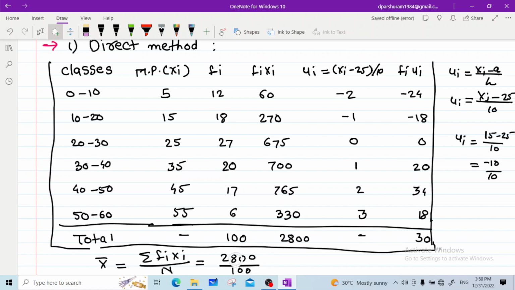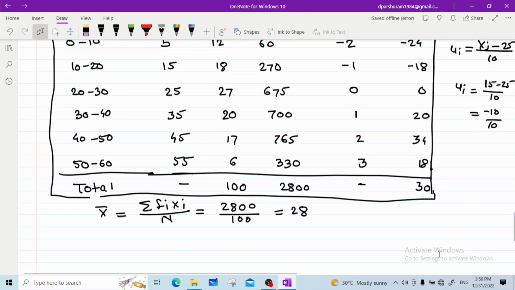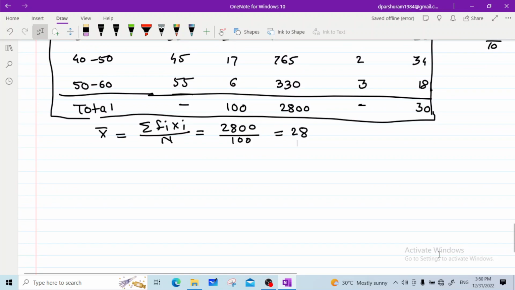When we divide 2800 by 100, we get the answer 28. That is, the mean of marks of students is 28. Then we solve this example by the step deviation method.